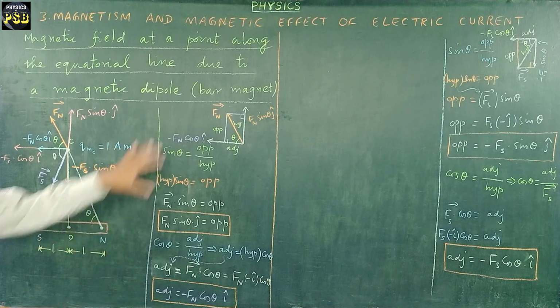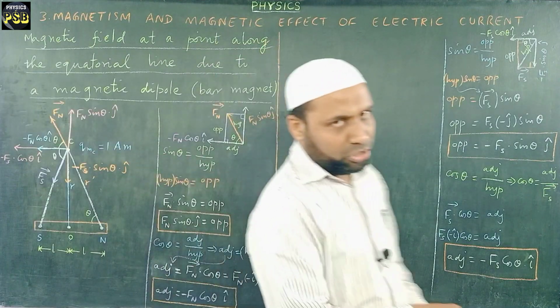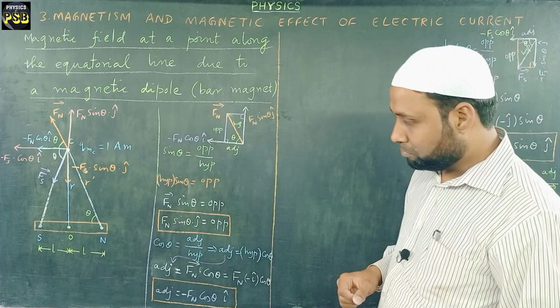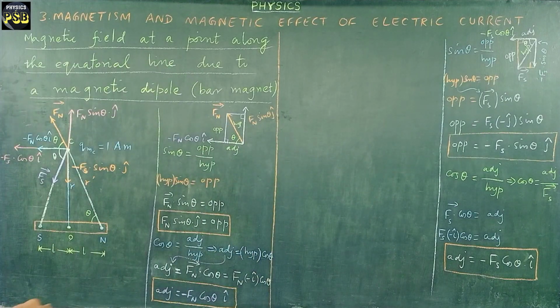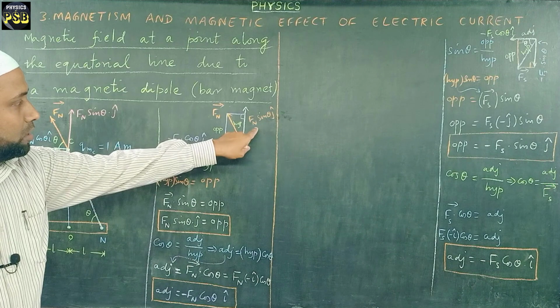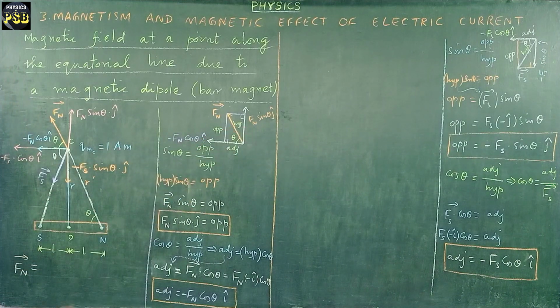Clear? So from this derivation, I can write that Fn vector is equal to the components of these two. What is that? Fn vertical component sin theta j cap.